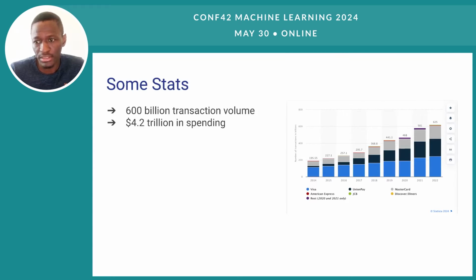This amounted to $4.2 trillion in spending annually. That's a huge sum of money. However, unfortunately, there's also a substantial $30 billion loss to fraud every year from card payments.